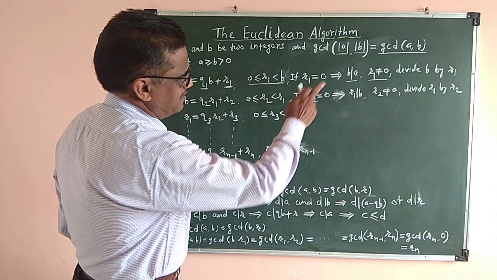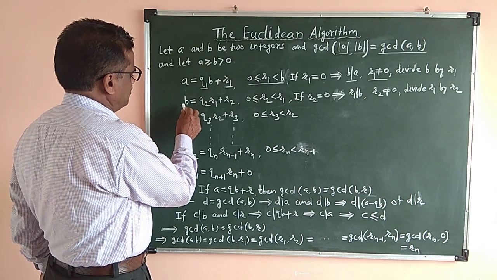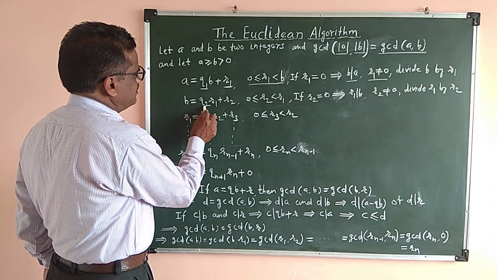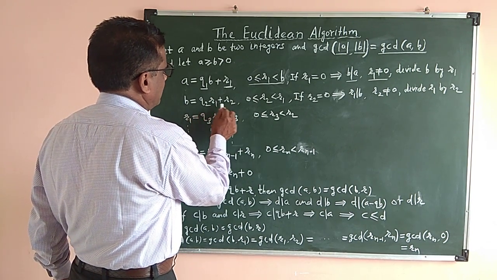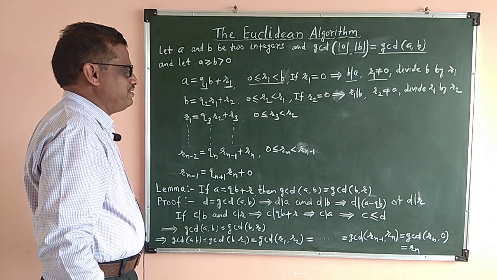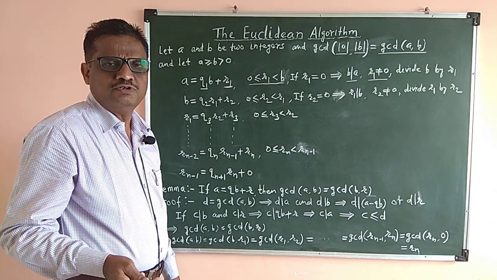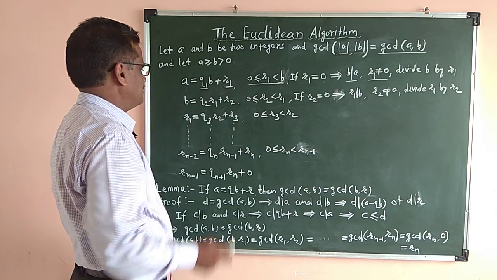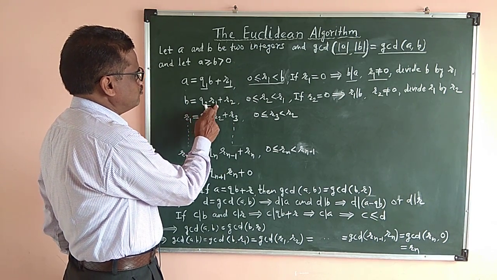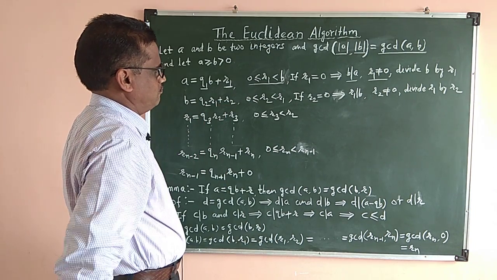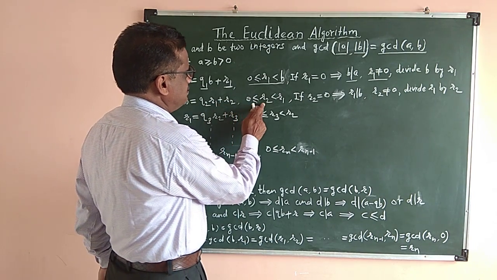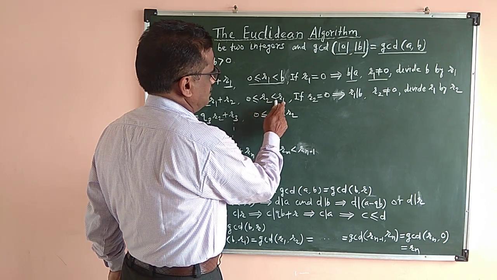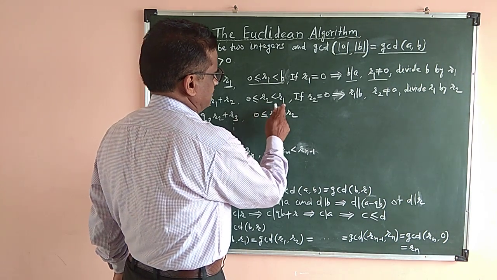Again by the division algorithm, there exist two integers Q2 and R2 such that B is equal to Q2 R1 plus R2, where 0 is less than or equal to R2, which is less than R1.